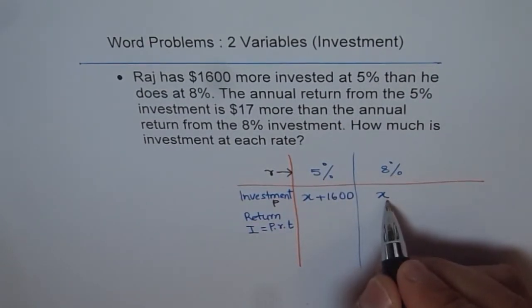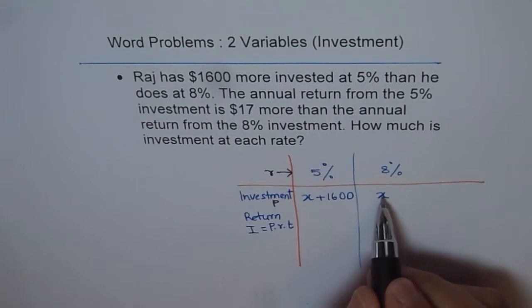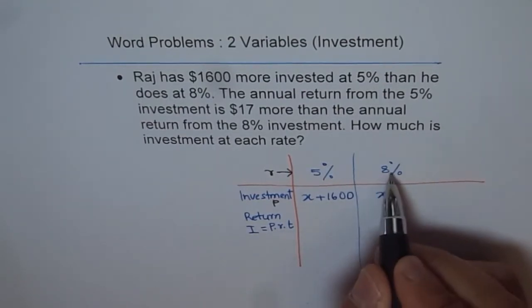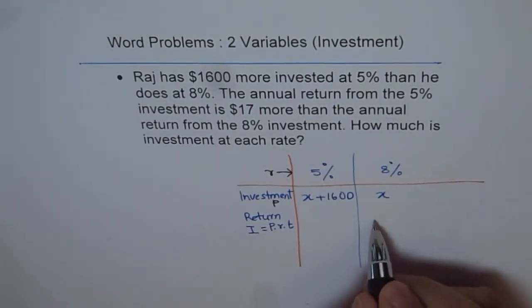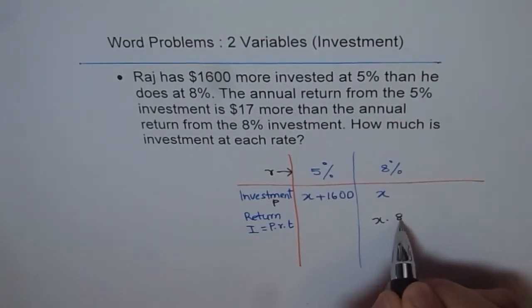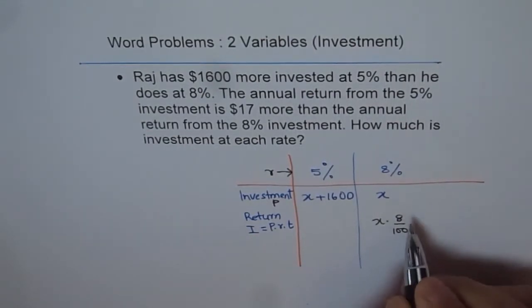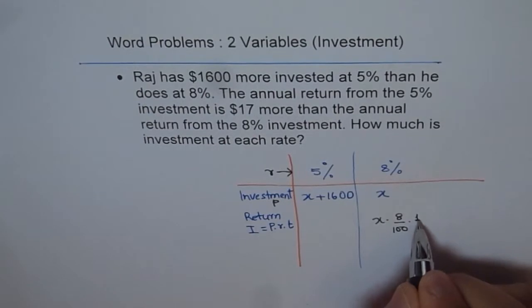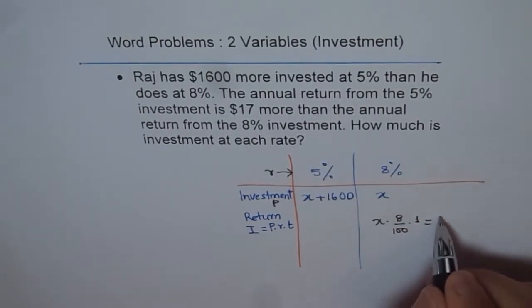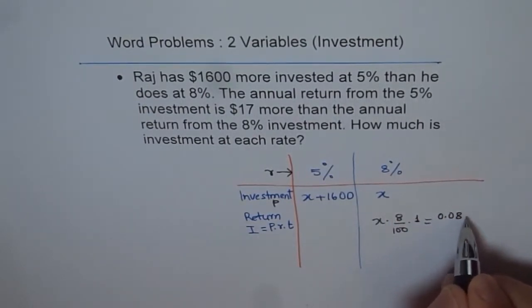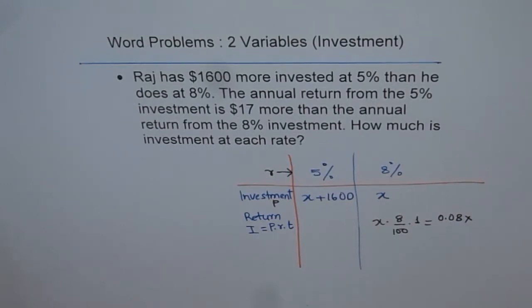The return from 8% will be, as I say, principal amount, which is X, times rate, which is 8%. So it is X times 8 over 100, right? Time is 1 year, annual. So we get this value as 0.08x. Correct?